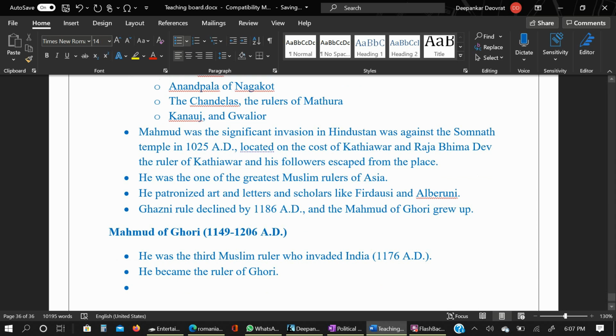So he fought various battles. He fought the Battle of Tehran. So what happened in the Battle of Tehran?